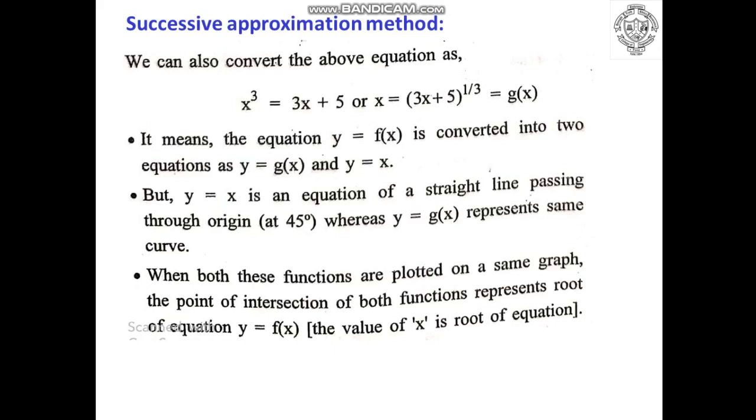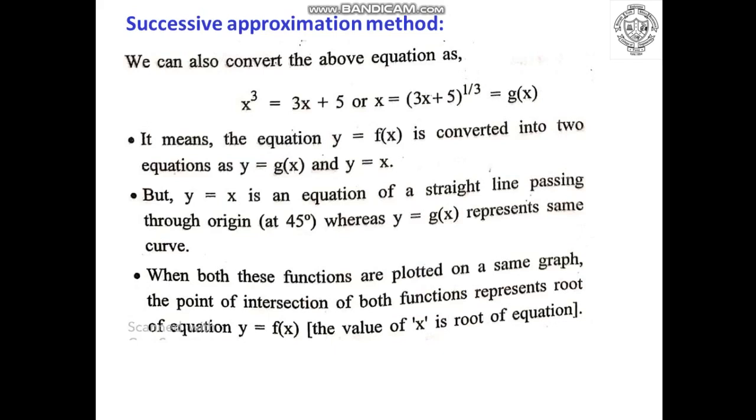When both these equations are plotted on the same graph, the point of intersection of both functions represents the root of the equation y is equal to f of x.